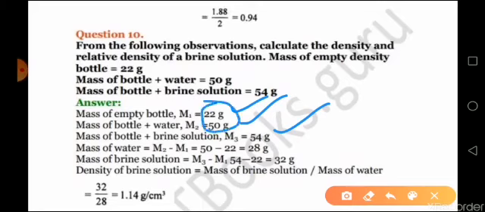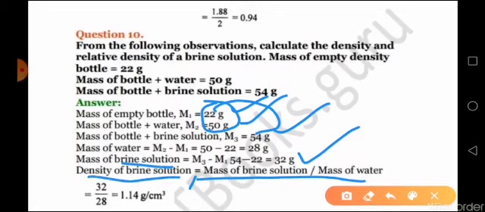And if you want to find out the mass of brine solution, subtract these two values, that is 54 and empty bottle 22 masses. You will get the mass of brine solution. Now you are asked to calculate the density of brine solution, that is using the direct equation you can calculate it. Clear? Now your last question, 11th question, is also a similar one to that.